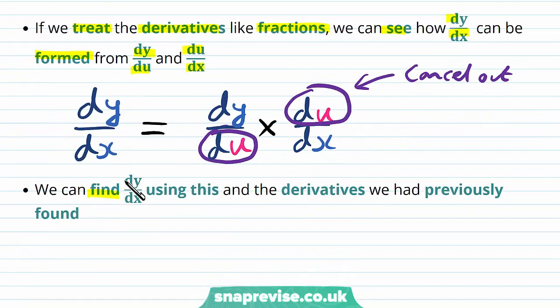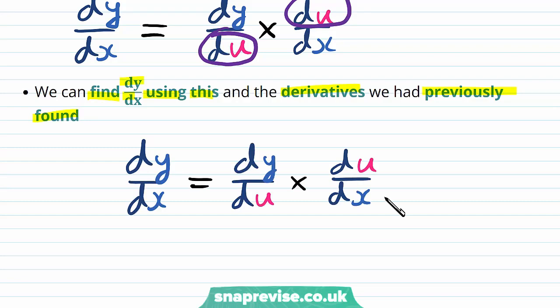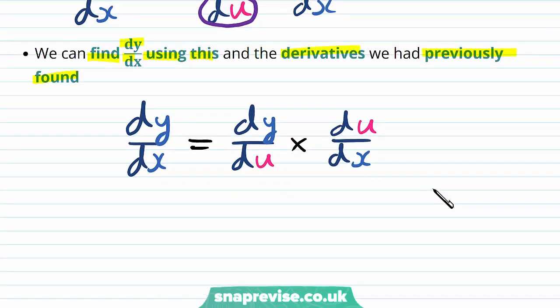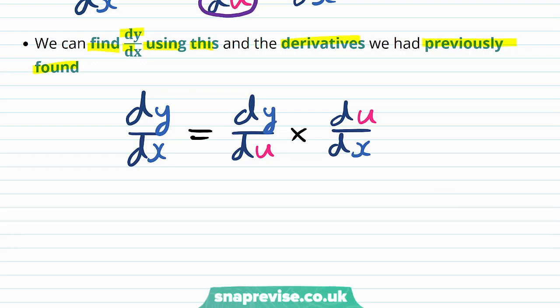We can find dy by dx using this and the derivatives that we have previously found. So again, we have that dy by dx can be almost expanded as dy by du multiplied by du by dx. And therefore, we can find dy by dx by using our results from above. We'll have to refer back to our results for dy by du and du by dx.